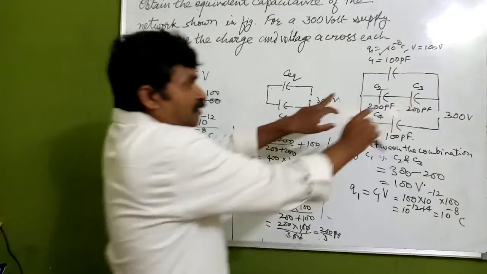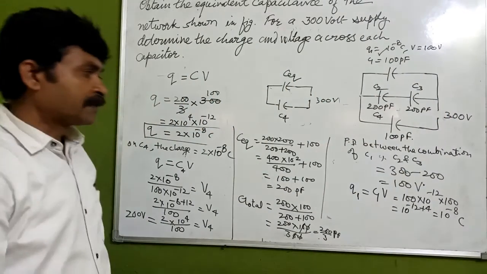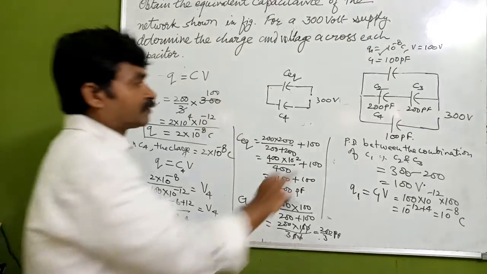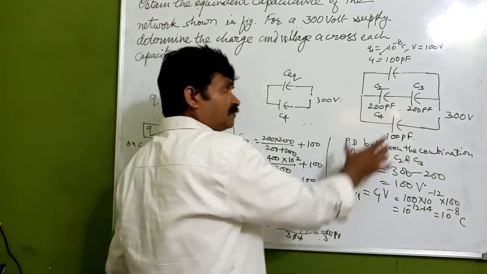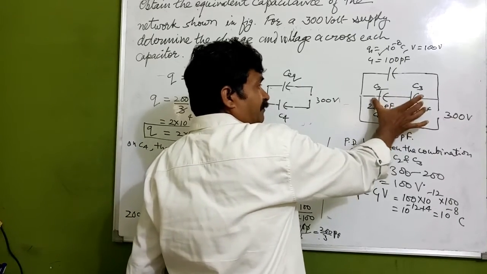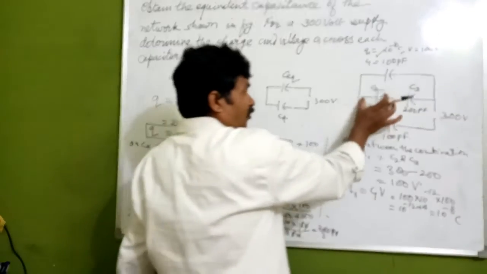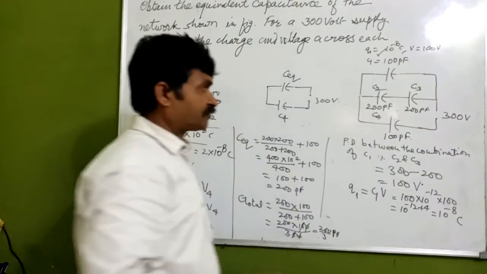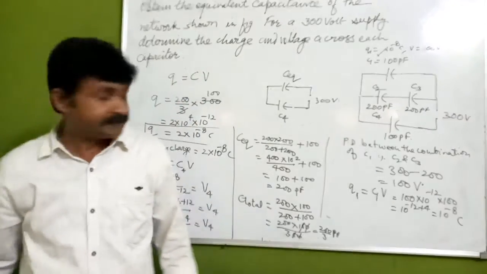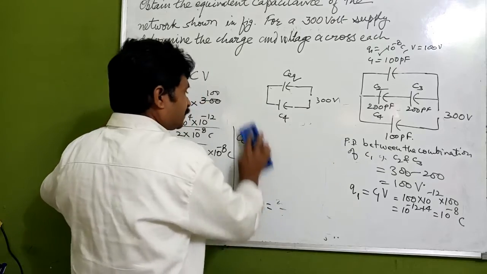Now this 100 volt is also applicable over here, where they are in series. So in series, first we will calculate the total capacitance, because both are connected in series.